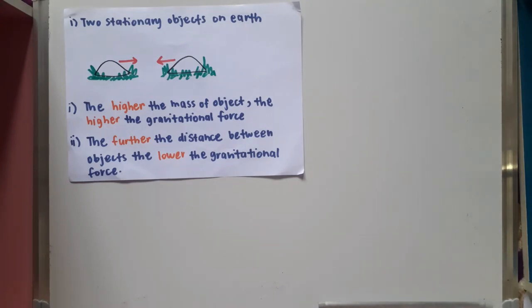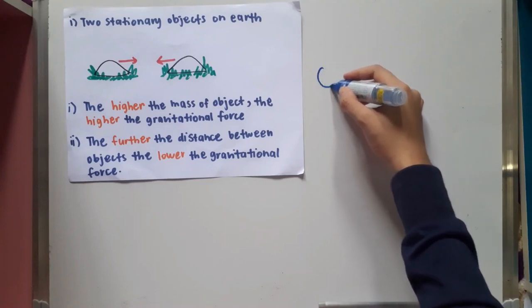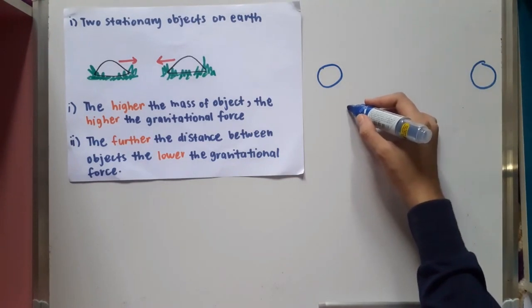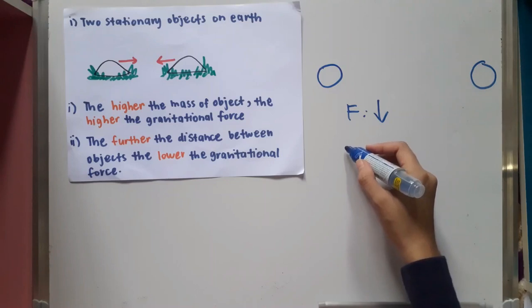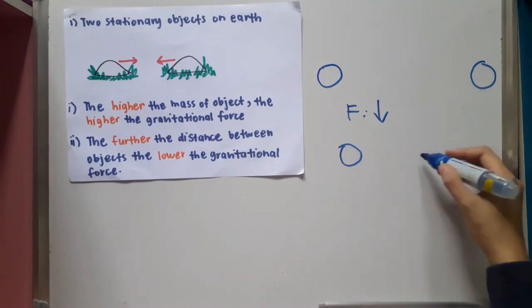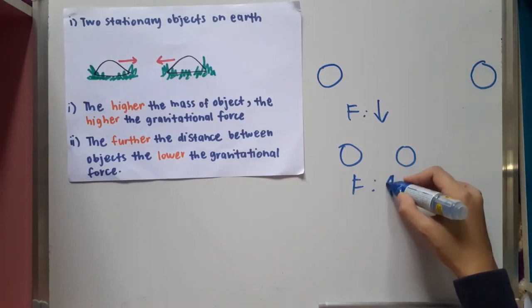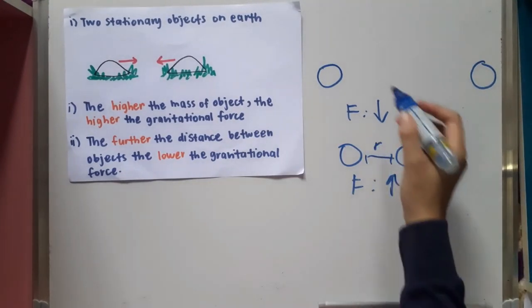And the second one is the further the distance between objects, the lower the gravitational force. If the objects have a bigger distance, then the gravitational force will be low. If the objects have a smaller distance, then the gravitational force will be higher. This is the distance.